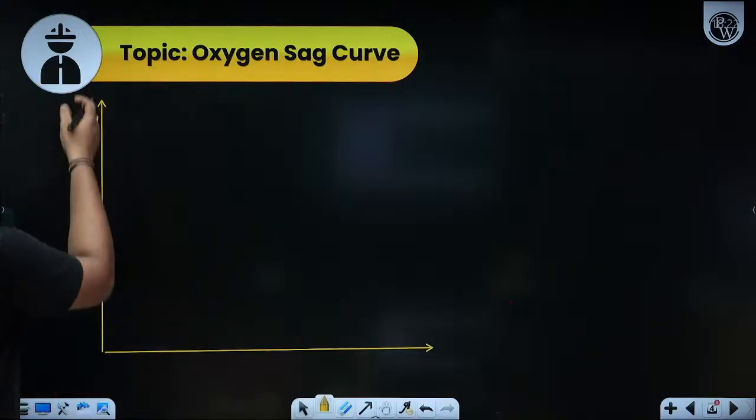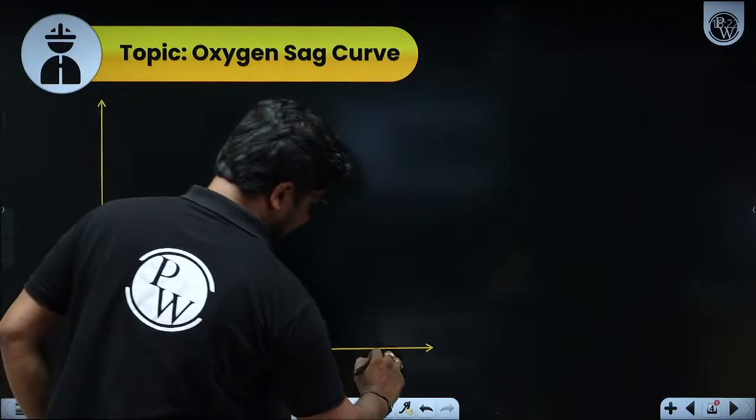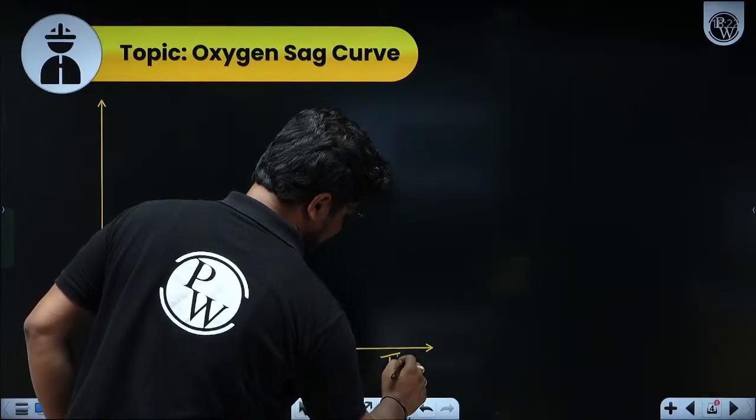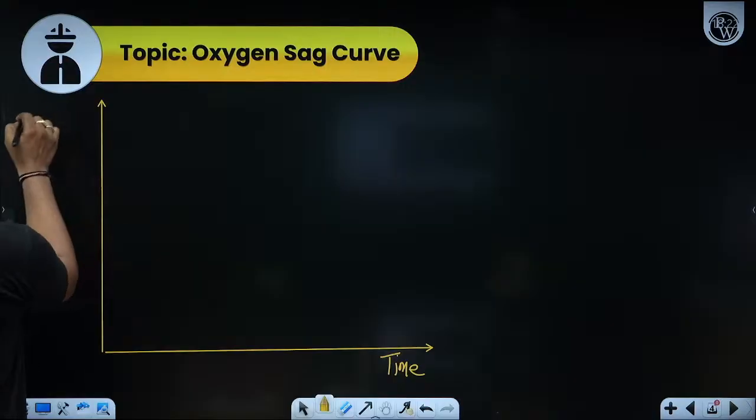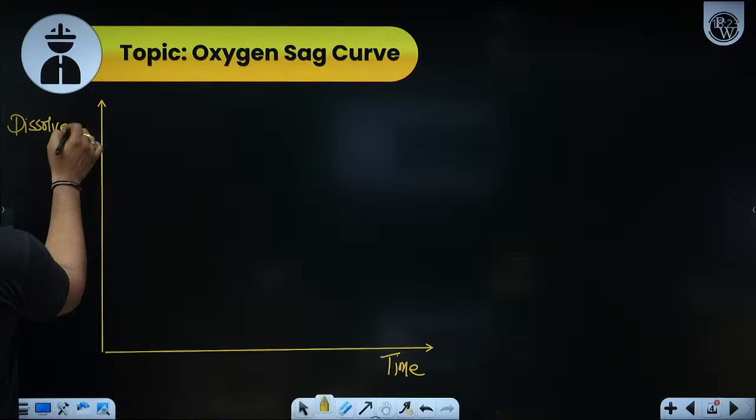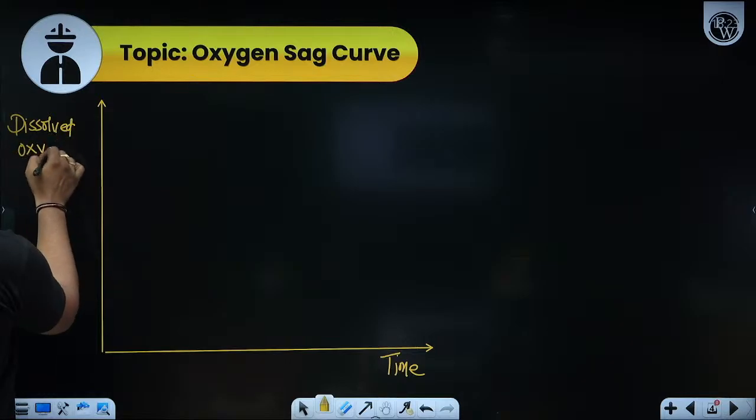In this oxygen sag curve, on the x-axis you have time, and on the y-axis you have dissolved oxygen.